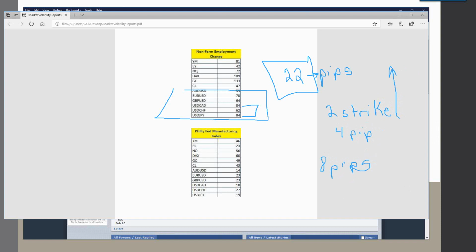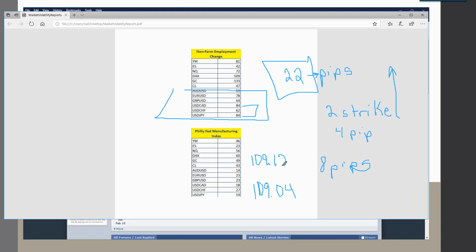So let me look and see what it's trading at right now. Right now it's trading at 109.04. So I know it has to go 8 pips above my strike. That means I could go to 109.12.